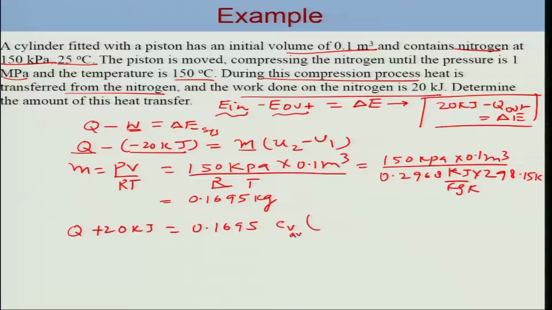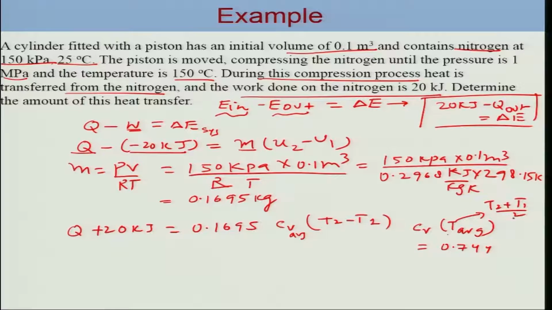So we look at the tables, and first we find Cv at the average temperature, which is T2 plus T1 divided by 2, and from the table this value comes out to be 0.744.